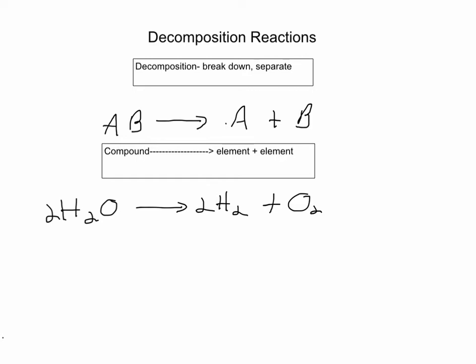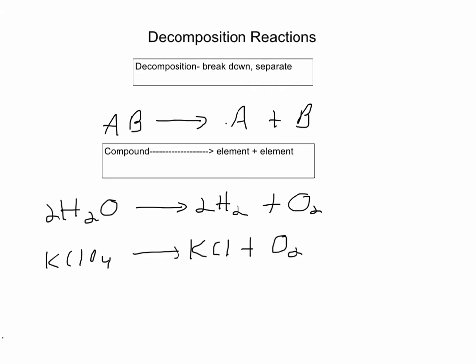Another example we could do is KClO4 breaks down into KCl plus oxygen gas. So this is a case where this isn't an element, but we still have one compound breaking into two separate things.